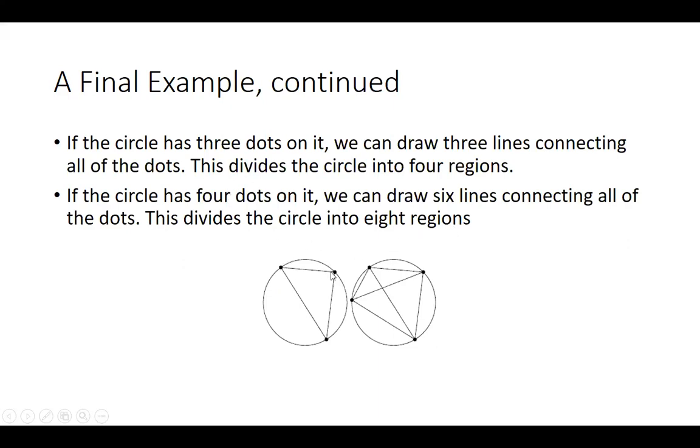If the circle has 3 dots on it, we can draw 3 lines connecting all of the dots. This divides the circle into 4 regions. If the circle has 4 dots on it, we can draw 6 lines connecting all of the dots, which divides the circle into 8 regions.